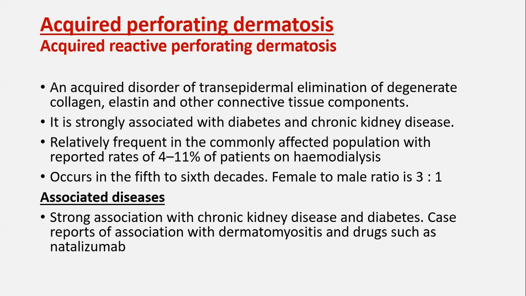It occurs in the 5th to 6th decade, and the female to male ratio is 3:1. So it is more common in females and usually in older age. As already mentioned, there is a strong association with chronic kidney disease and diabetes. Cases are also reported in association with dermatomyositis and the drug natalizumab.